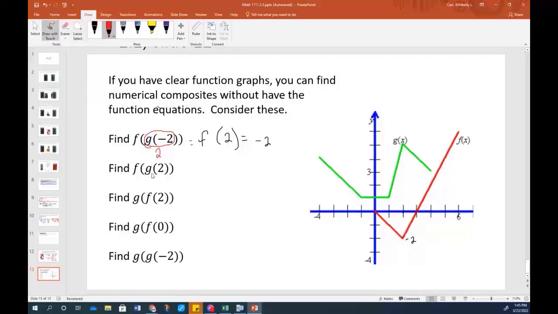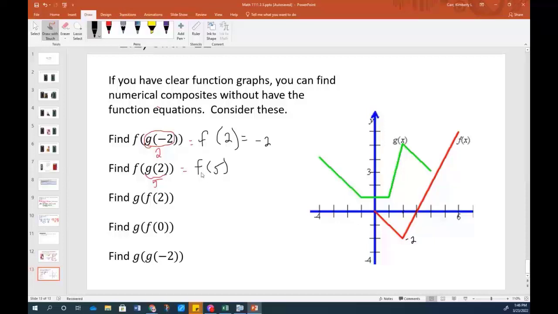All right, let's try again. So what is g of 2? Well, we want to go to 2 on the x's and then find out what that equals on the g function, and it gives me 5. Which means I need to find f of 5.